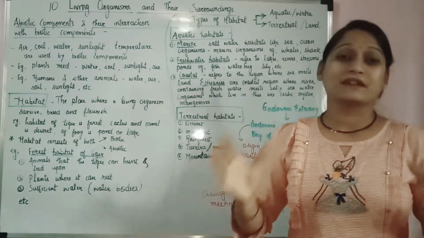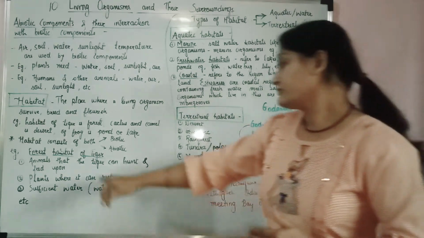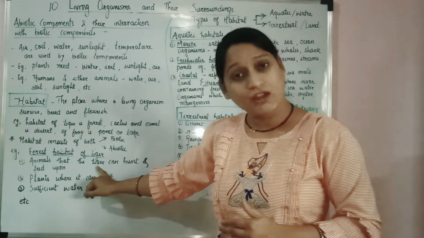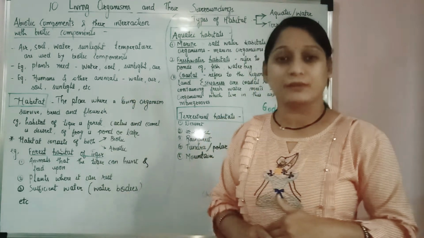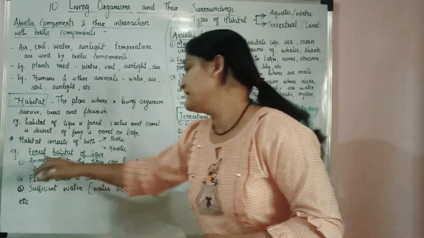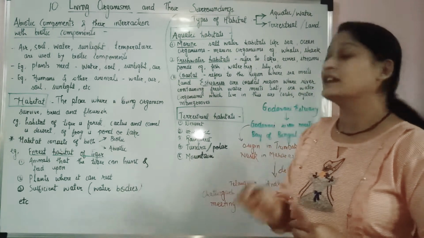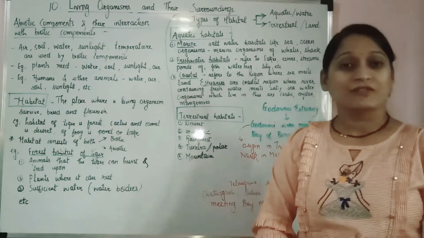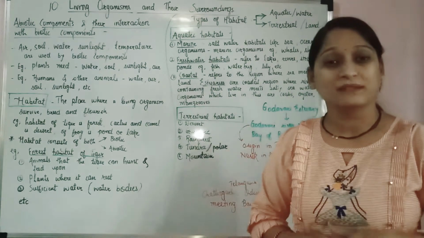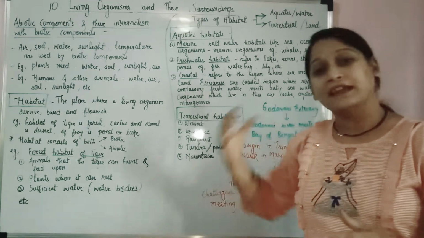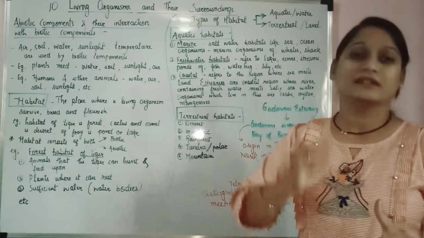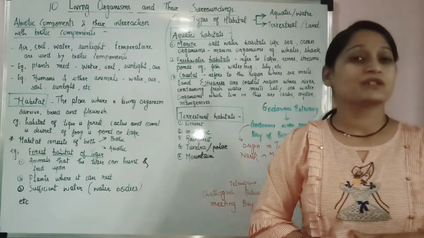The forest habitat of a tiger has living components, that is biotic components, as well as non-living components. For example, animals that the tiger can hunt and feed upon. Along with the tiger in the forest, a variety of animals are also present on which the tiger can prey and feed, taking nutrition from it, right?